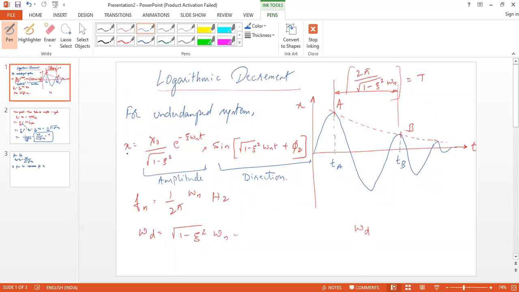So x is the actual position or displacement of the vibrating system after some time t. This x naught by root of 1 minus zeta square into e power minus zeta omega n t will give the amplitude, whereas this sine function will give the direction.